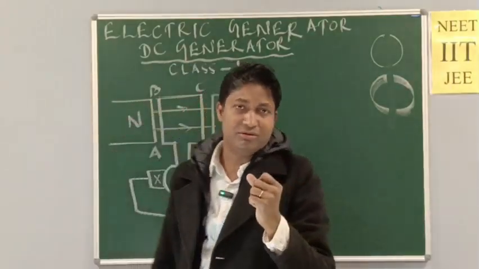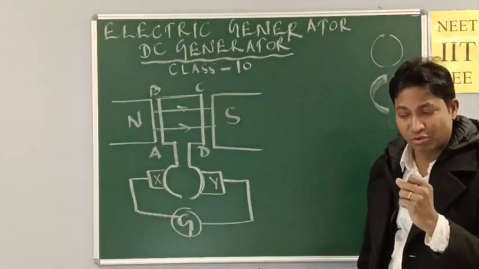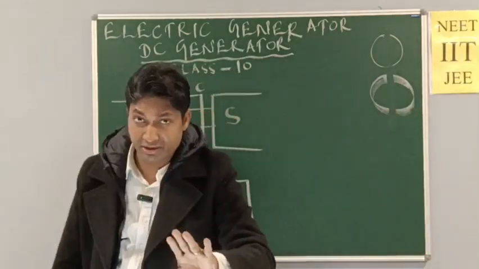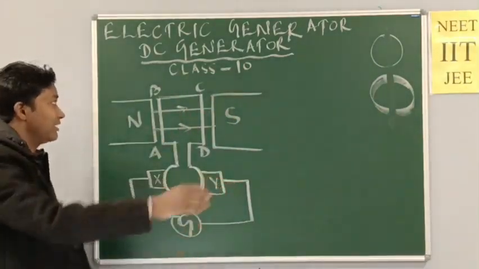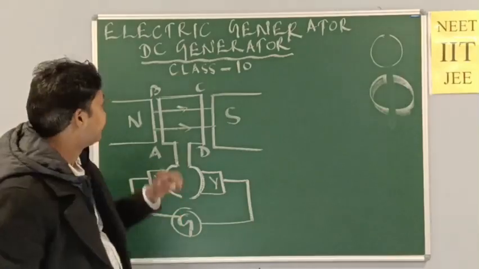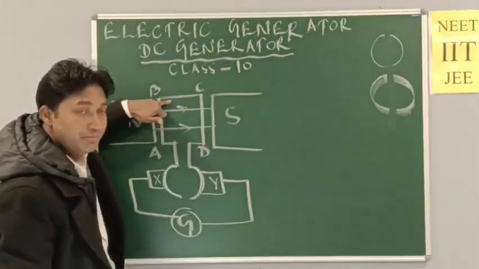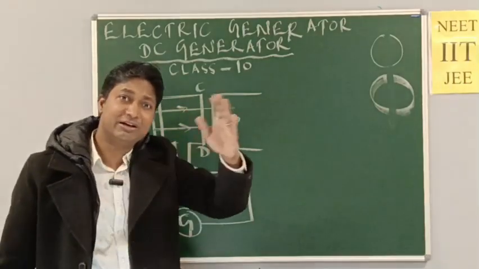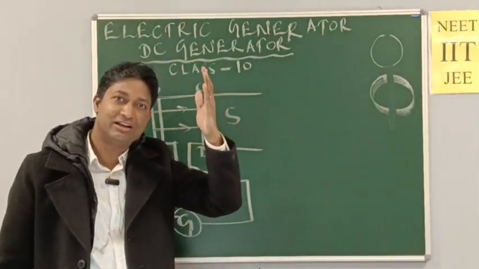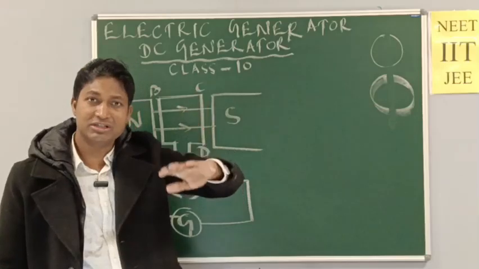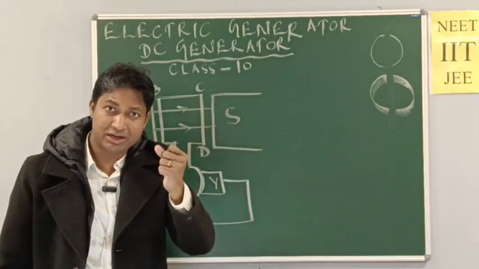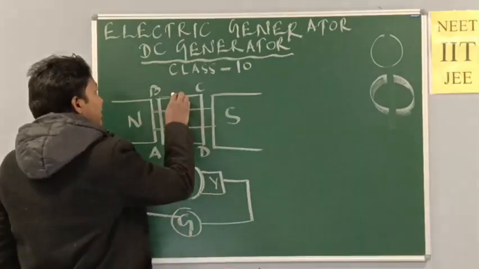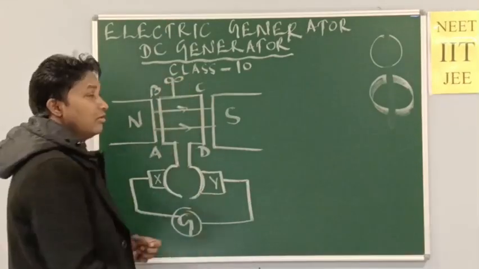Only you should know about Fleming's right hand rule. You should know it very well. Now let's start working. This is arm BC. One side of the coil, same story as the AC generator, we should connect a turbine. Here this is the turbine.